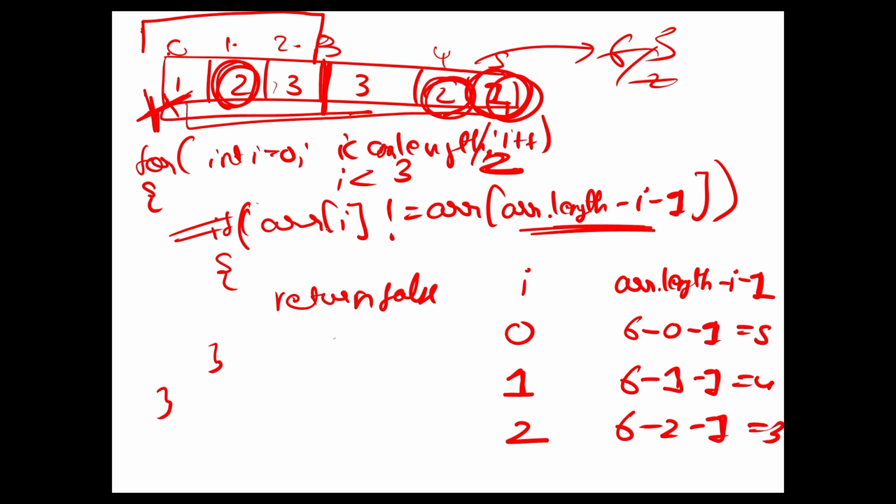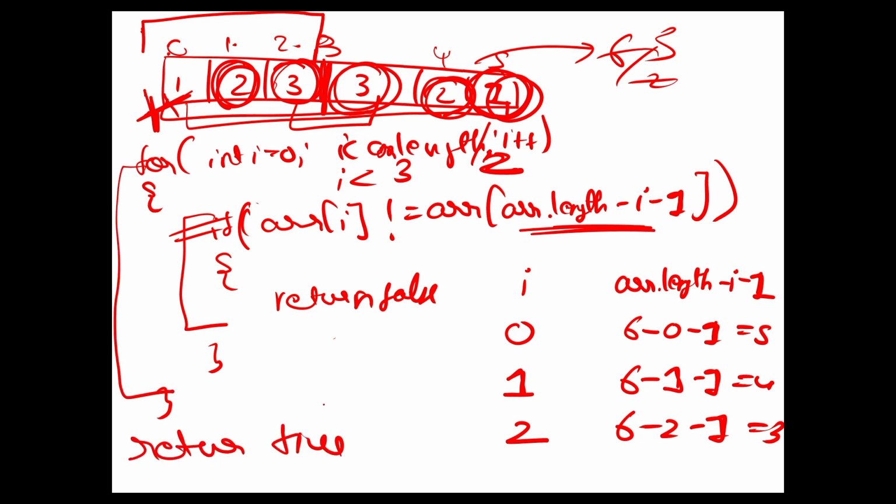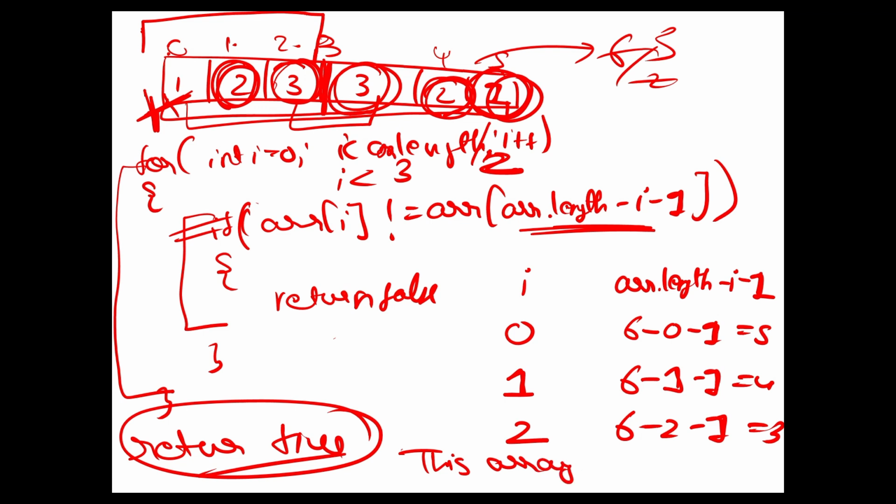So index 2 and index 3 will be checked for equality. They are equal, so the if condition will not be executed, the for loop will terminate, and here we return true. So a true statement is returned, according to which this array is a palindrome.